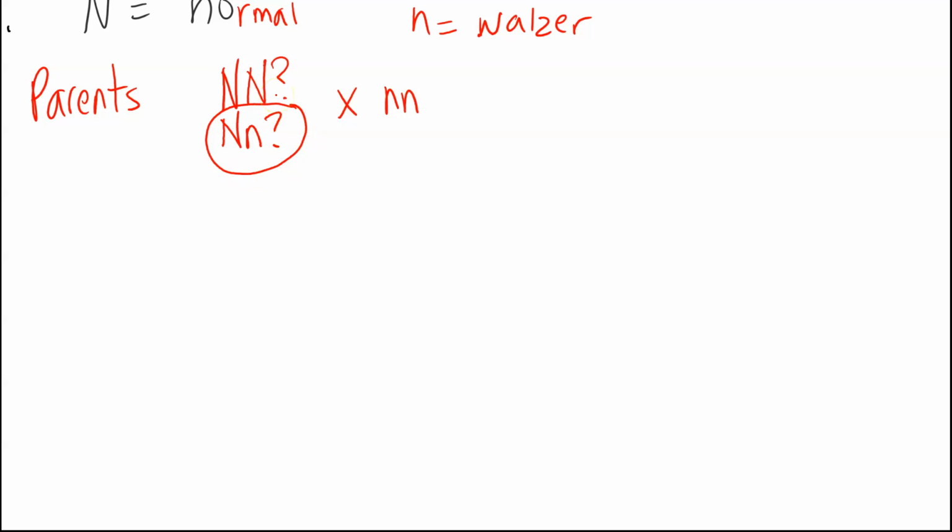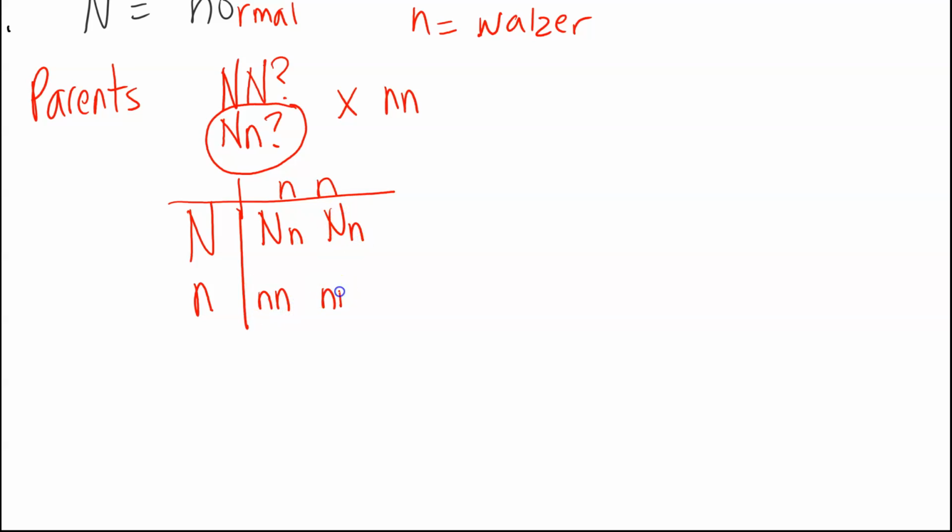And let's check it out. Let's do the cross. So let's do big N, small n, crossed with the mouse that has the Waltzer condition. It's recessive. So we're going to have big N, small n, big N, small n, small n, small n, small n, small n.